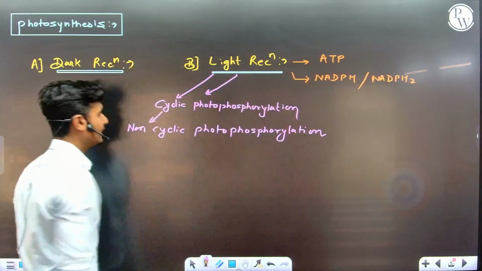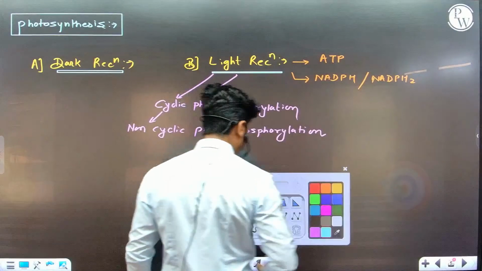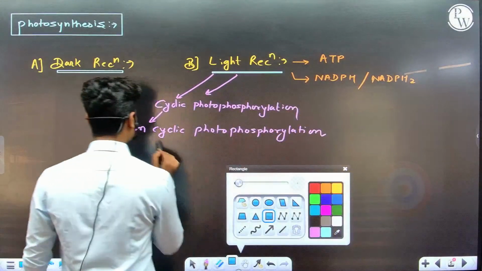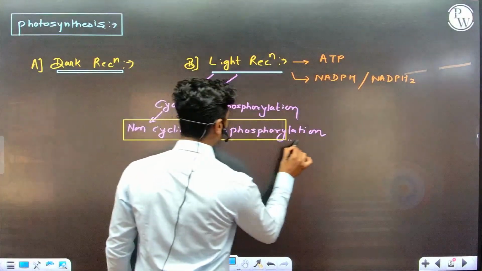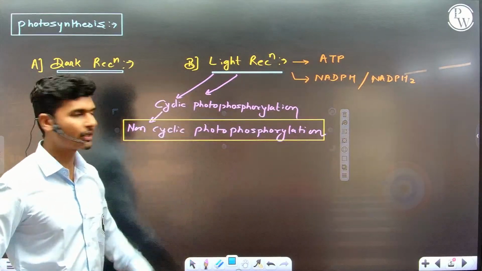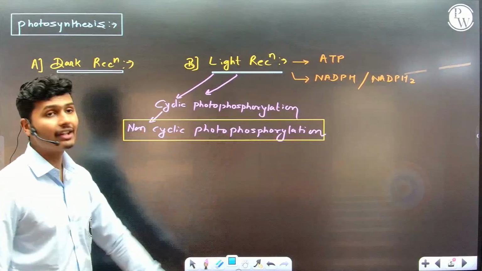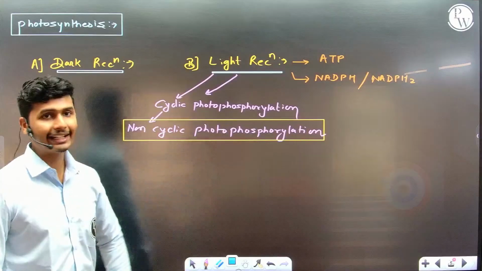We are going to cover non-cyclic photophosphorylation first. Ultimately we can understand the cyclic photophosphorylation from the non-cyclic photophosphorylation. That's why we are going to cover non-cyclic photophosphorylation right now.